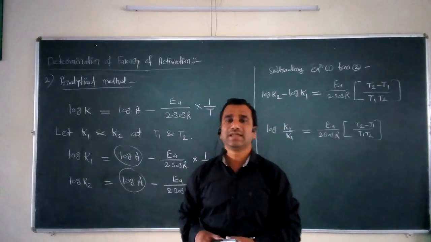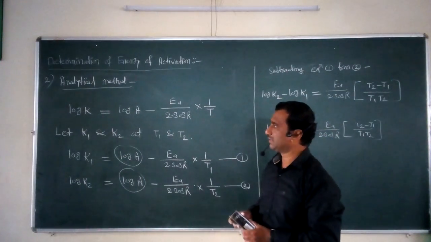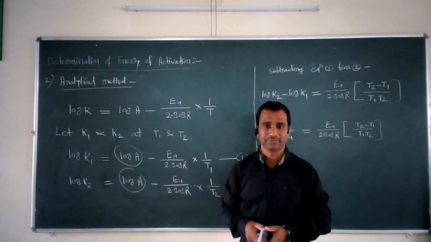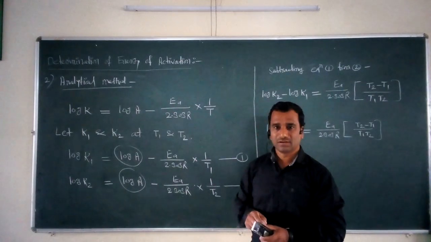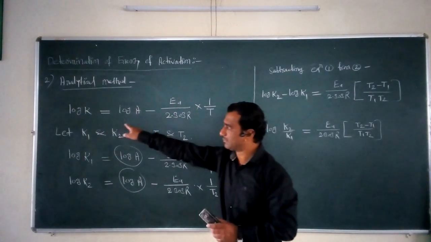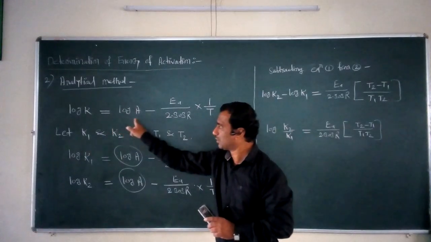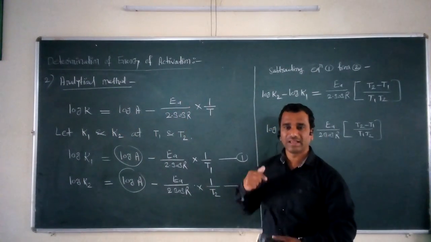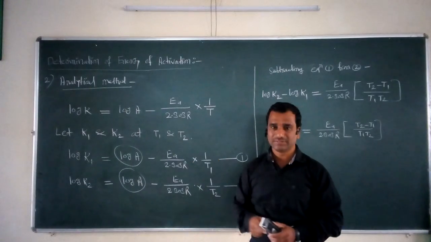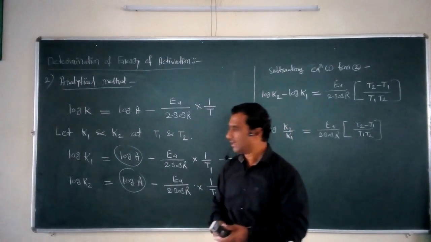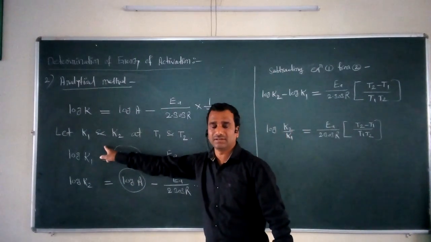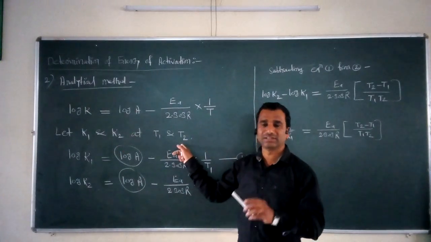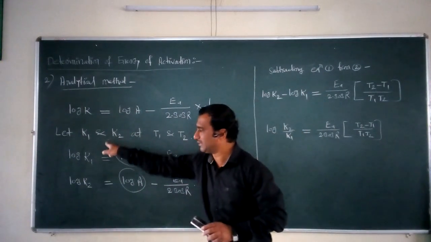So this is the second important method for determination of energy of activation, the method called the analytical method. This method involves the simple equation log K equal to log A minus EA upon 2.303 R into 1 upon T. After that, we consider the same chemical reaction at two different temperatures T1 and T2, which gives the two different rate constants K1 and K2.